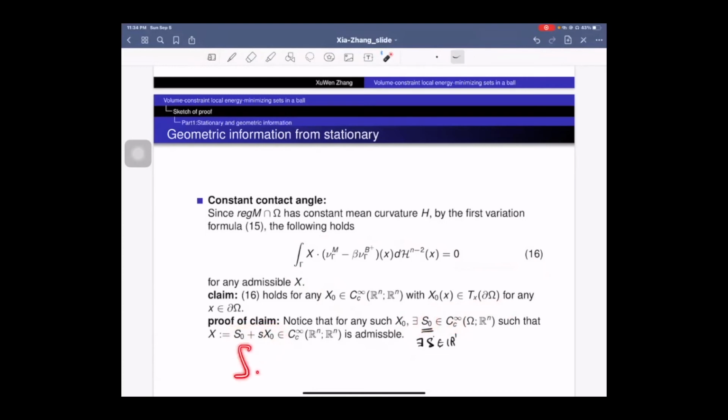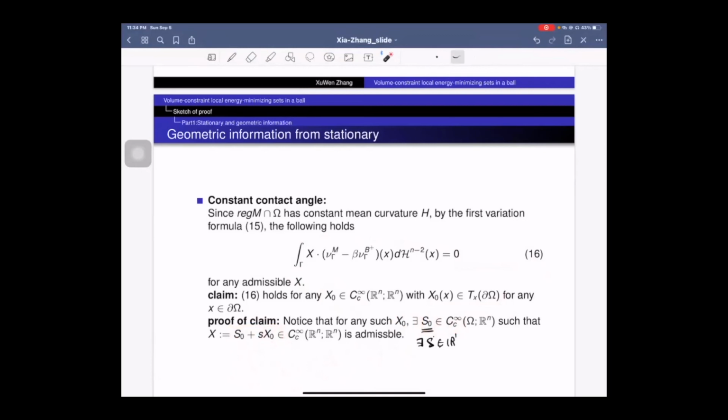And for the integration, we want to check that S0 plus S times x0 dot with nu m is 0. And since our choice of the constant S and the smooth vector field S0 is for this purpose, we can always find such S0 and S to satisfy the second condition.